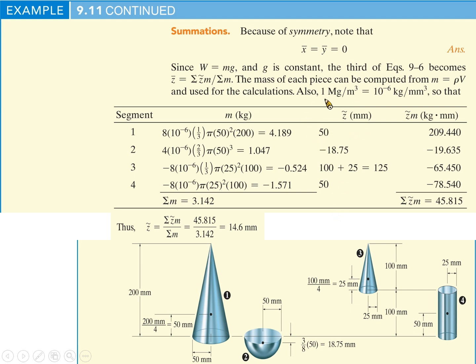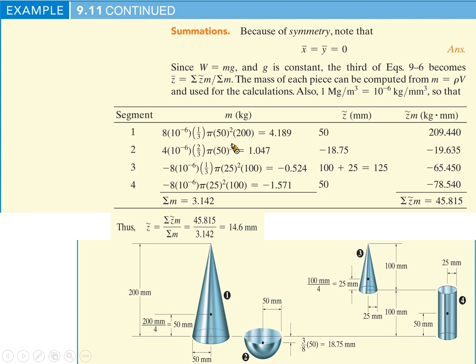Okay, so we only need to work out the z value. So for z, this point is 50. Okay, for the second area, we use the formula to calculate a ball. So the same, we use 50 cubed times pi, and then this part is to calculate a hemisphere.